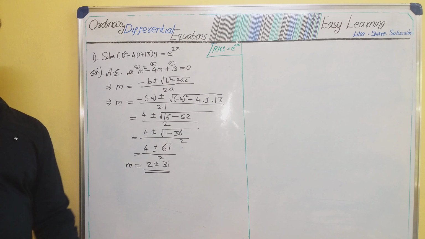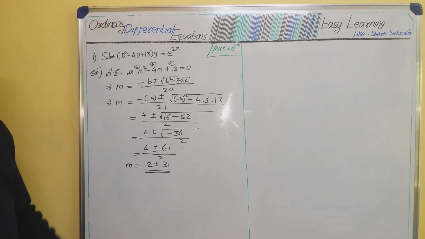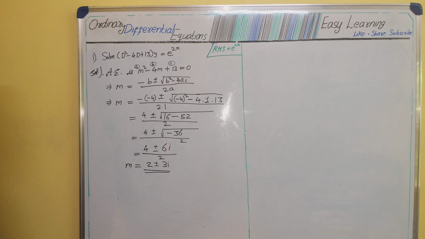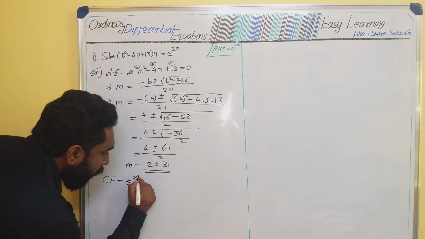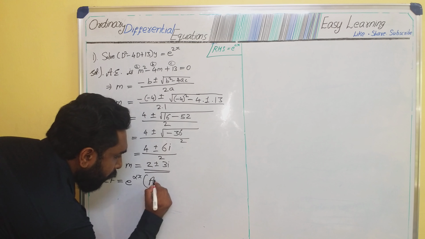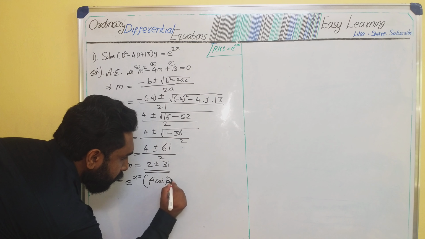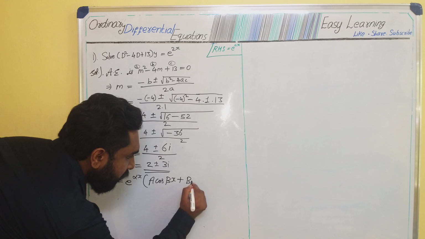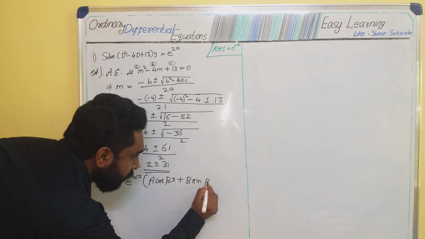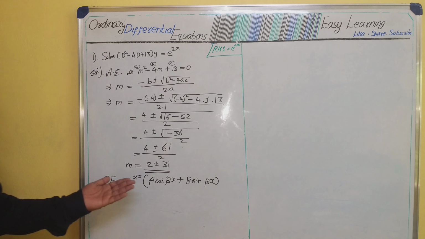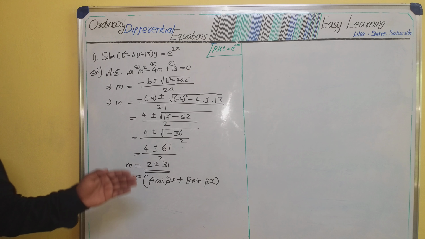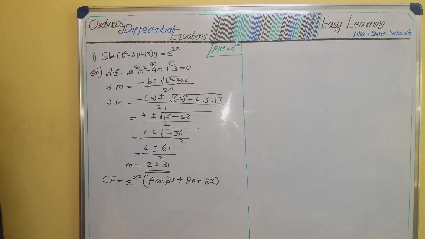When the roots are imaginary, we have a formula to find the complementary function: e power alpha x into a cos beta x plus b sin beta x. So this is the formula to find the complementary function when the roots are imaginary.